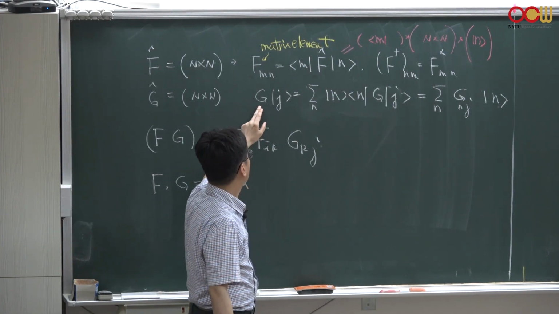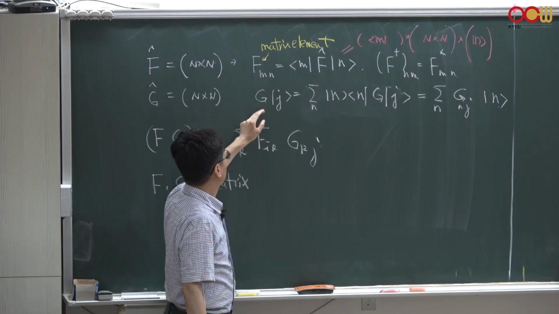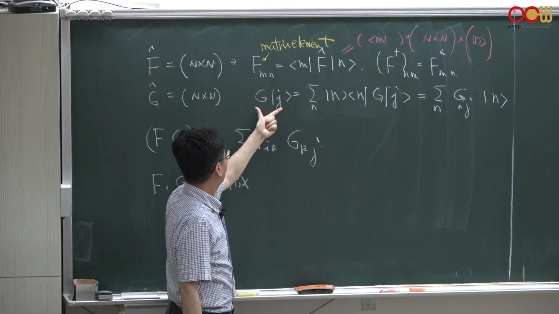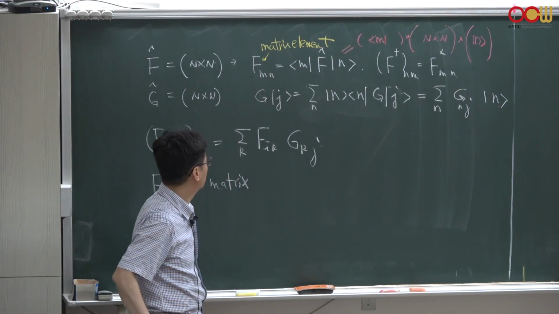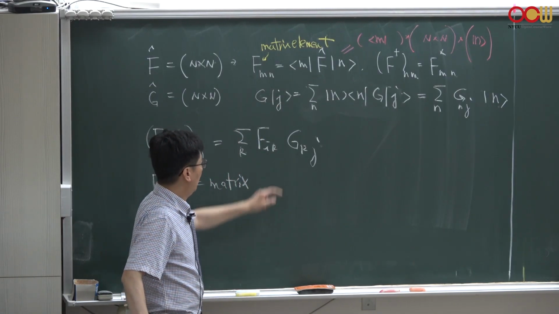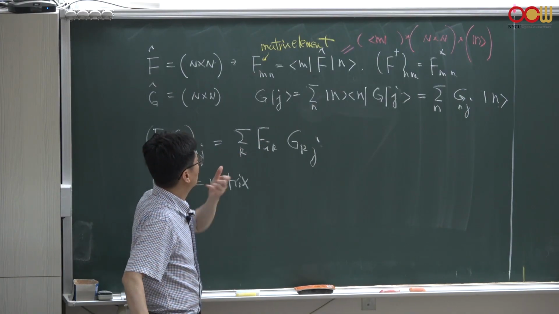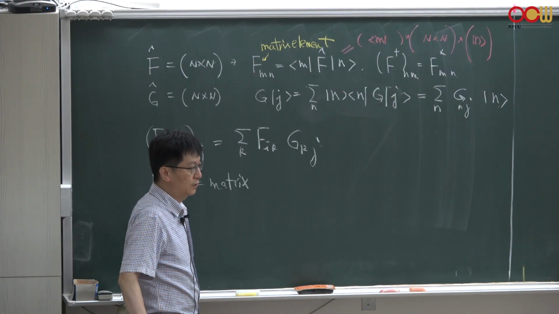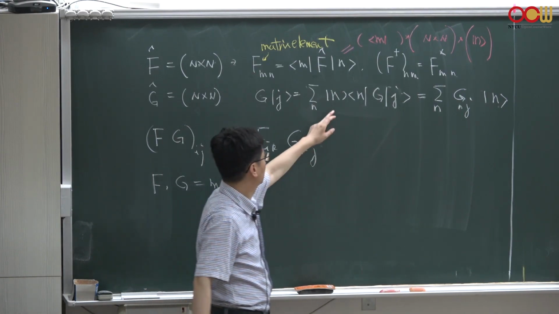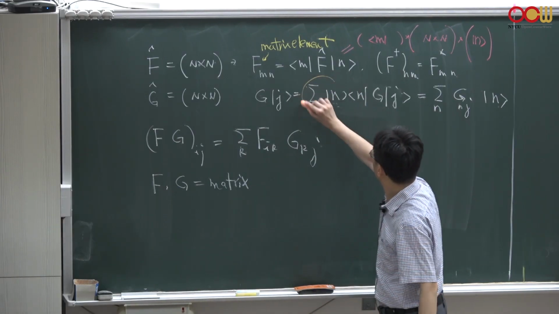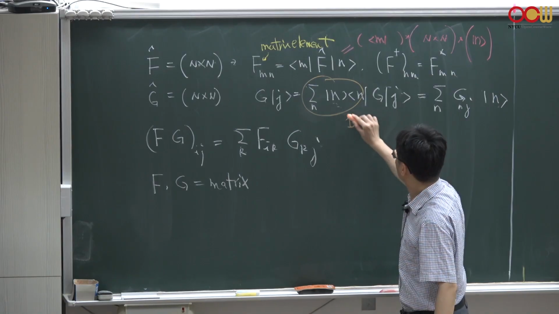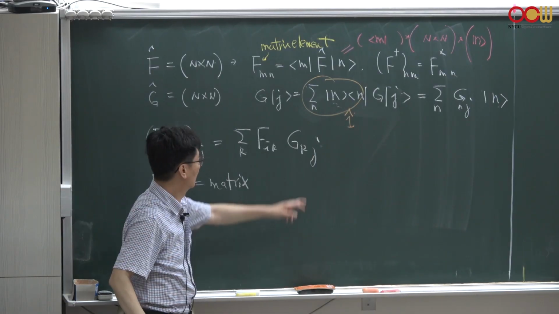You could take this operation by applying capital G onto any arbitrary Dirac state j. You can expand this in terms of the complete set of bases, state n, and remember this is a unit operator, which is this thing.